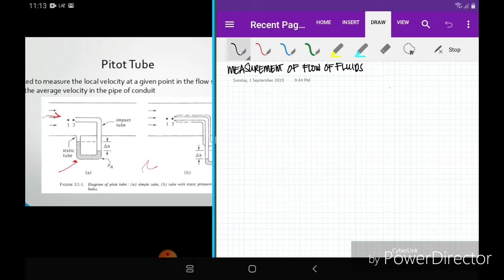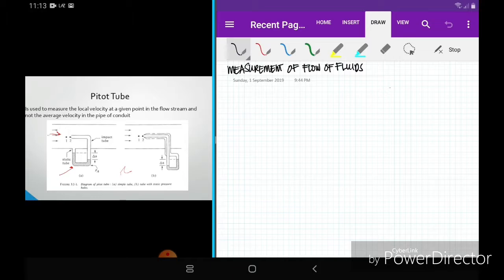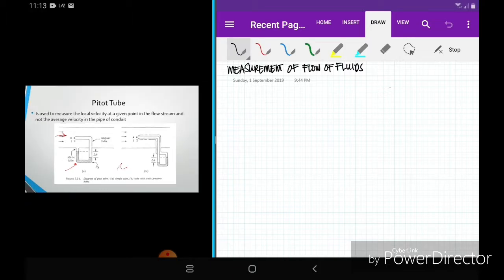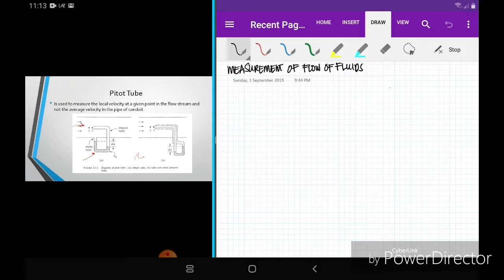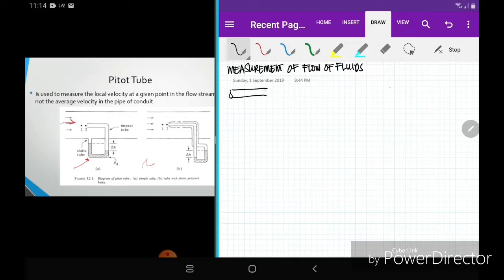Okay? Now, for us to be able to know the equation for this particular device, again, puntahan uli muna natin si Bernoulli's equation. Remember, our flow is similar to this one. You have a pipe, then you have a pitot tube.